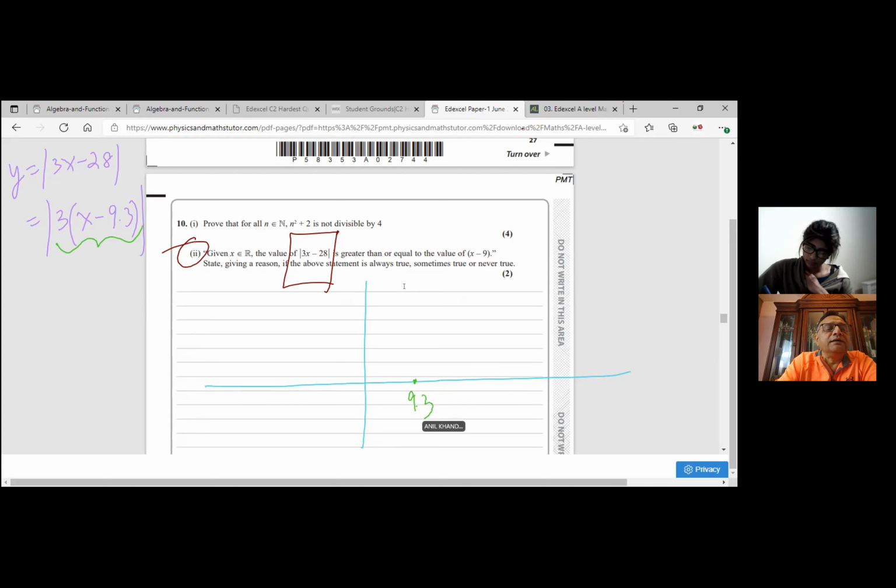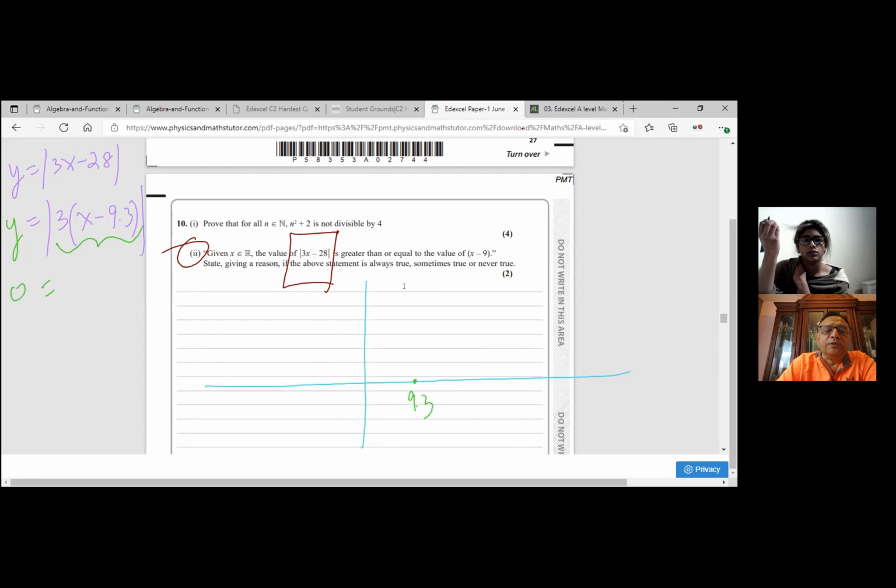And when I put y equals 0, when will that be 0? x will be 28 by 3, right? Oh, do you mean the y-intercept? Yeah, the y-intercept. Won't it just be 28? x equals 0, yeah, minus 28.